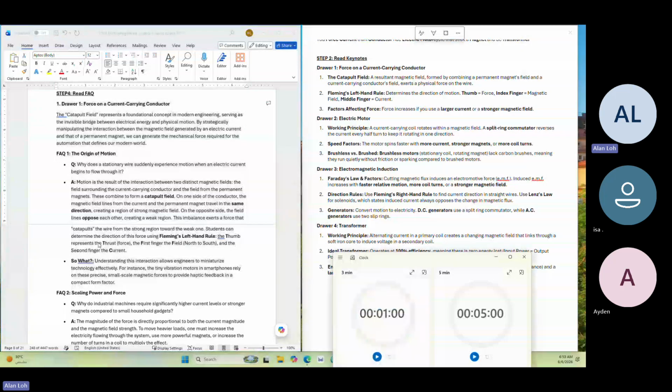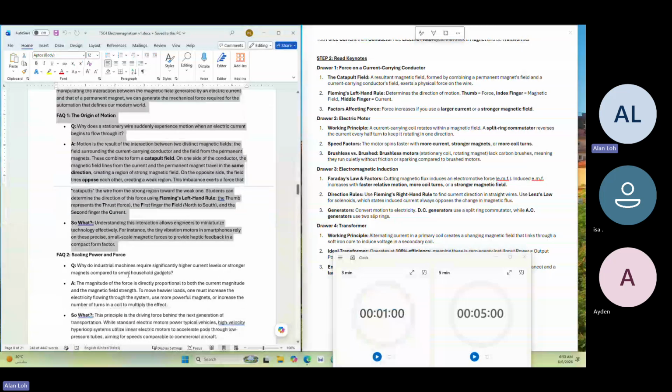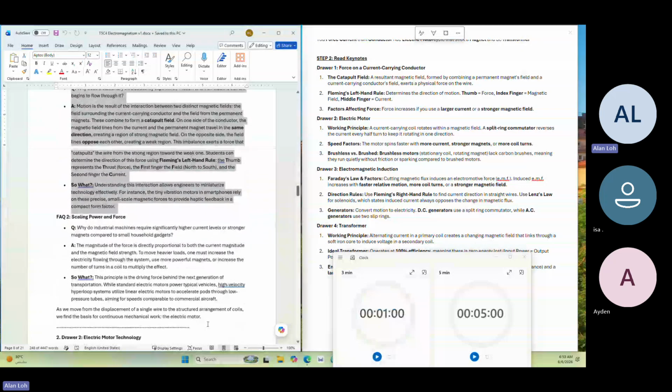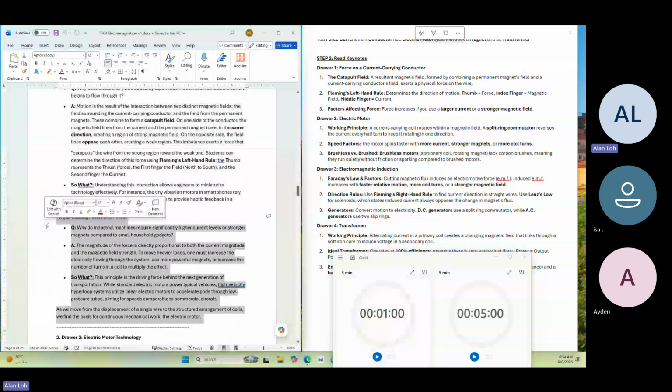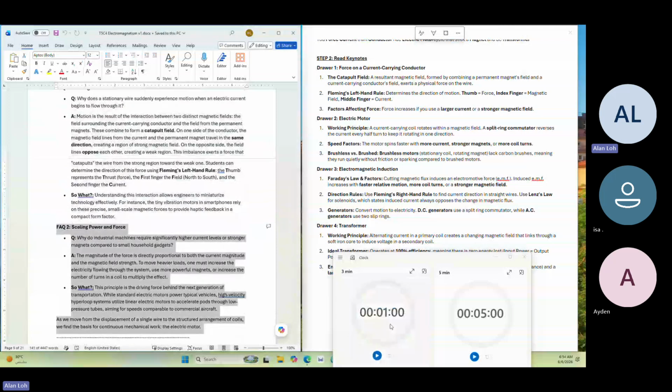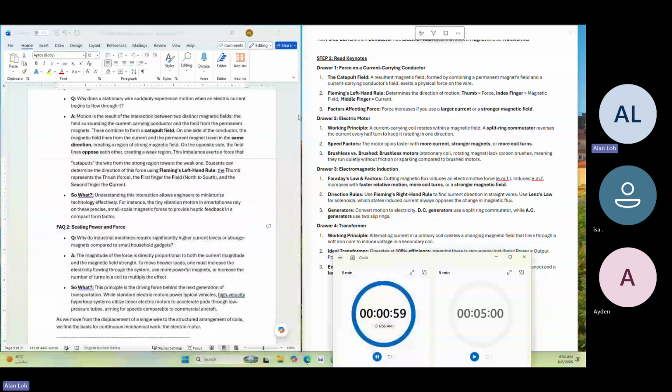All right. Drawer 1, you have 2 questions, FAQ 1 and FAQ 2. If we put it into numbers, your understanding level should be at 3.5. After reading FAQ 2, you should be at level 4 for drawer 1. Okay, let's do 1 minute for question 2.